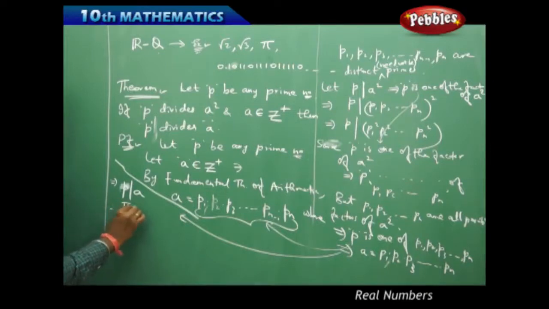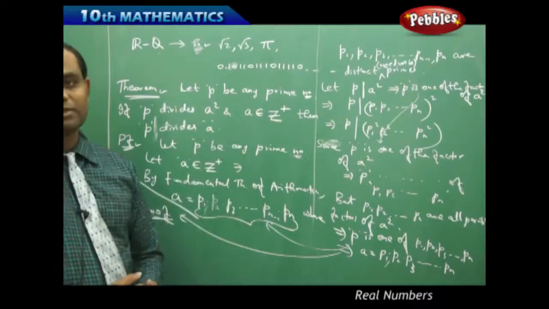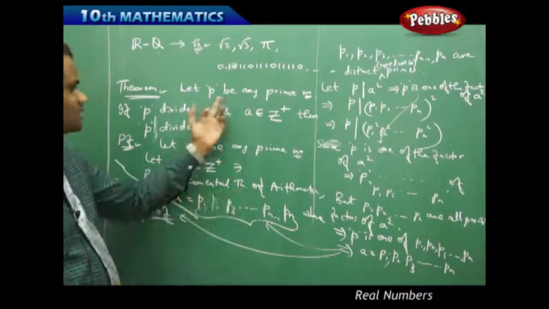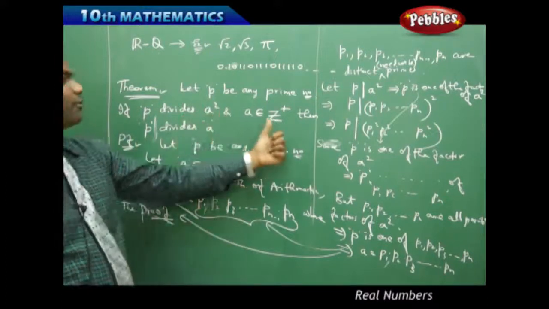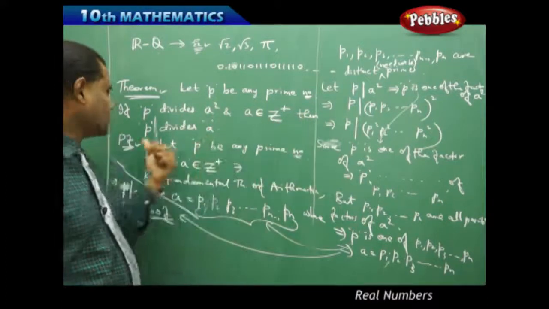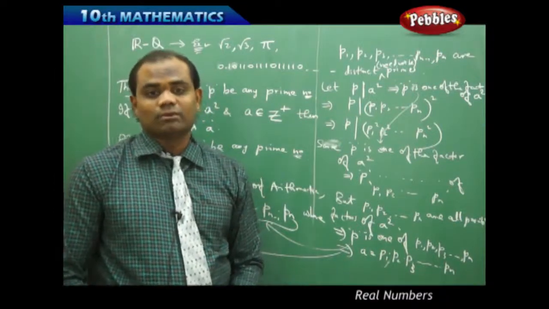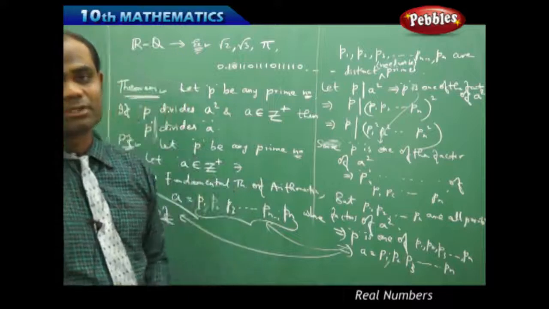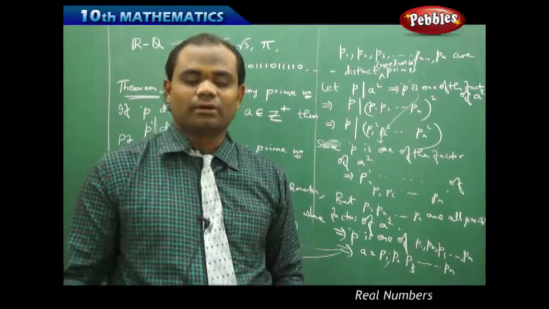Therefore, the proof is complete. So p divides a is what we get in the statement. Therefore, when I consider any prime number p, such that p divides a square for any positive integer a, I can immediately conclude that p divides a. This is one of the most important theorems, which supports and helps us in identifying a number to be rational or irrational.